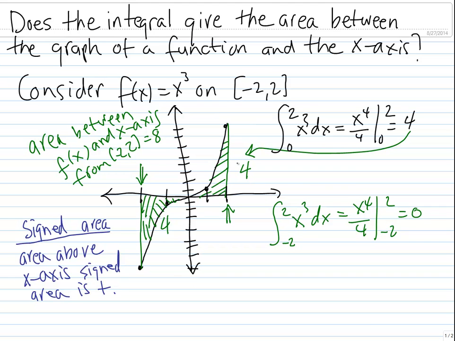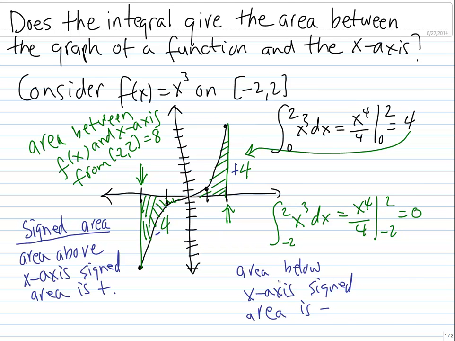So in this case, we would go ahead and say the signed area of this region right here is plus 4. If the area is below the x-axis, then we say the signed area is negative.